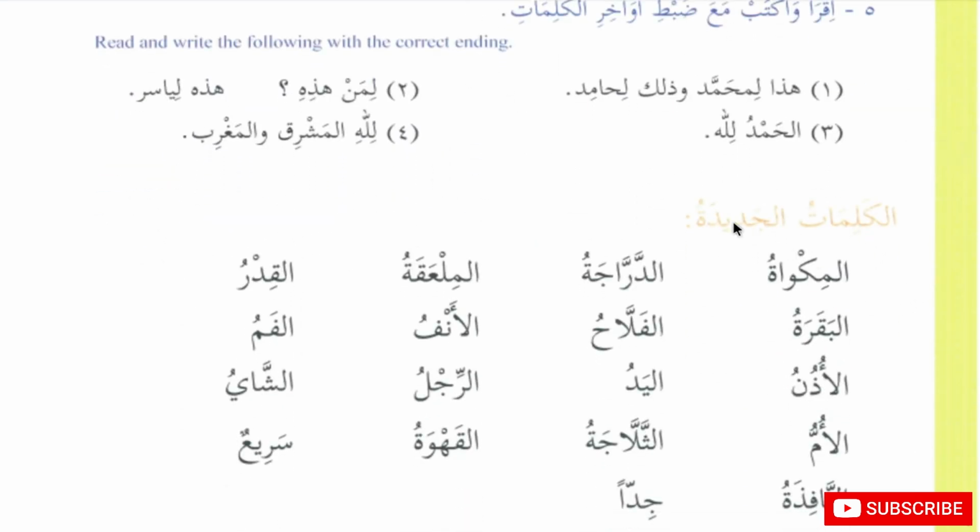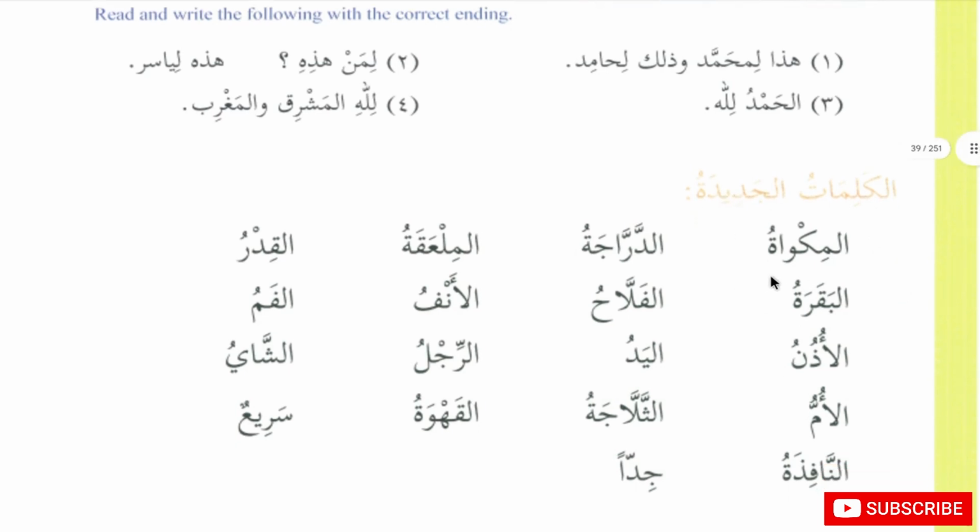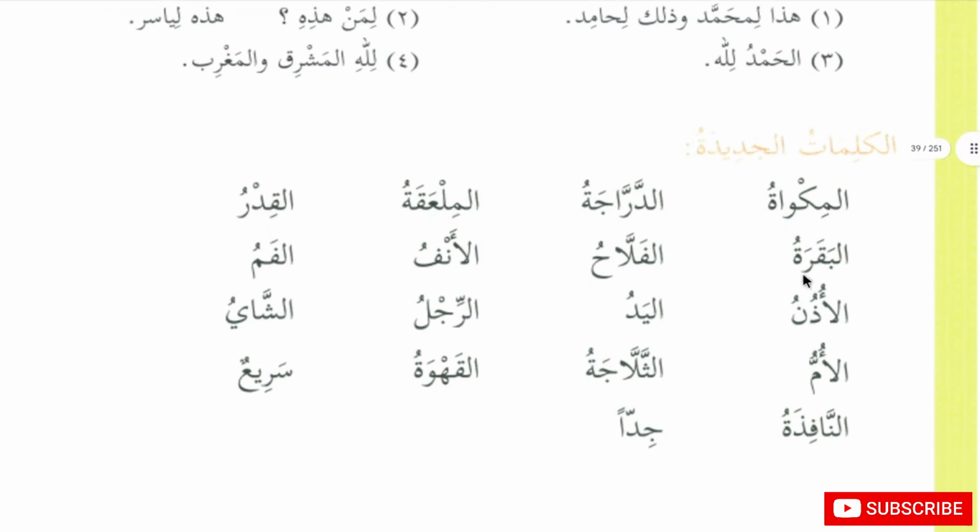Al-Kalimat al-Jadida, the new words in this lesson. Al-Makwatu, iron. Al-Darraja, bicycle. Al-Mil'aqa, spoon. Al-Qidr, pot. Al-Baqara, the cow. Al-Fallah, the farmer. Al-Anf, the nose. Al-Fam, the mouth. Al-Udhunu, the ear. Al-Yad, the hand.